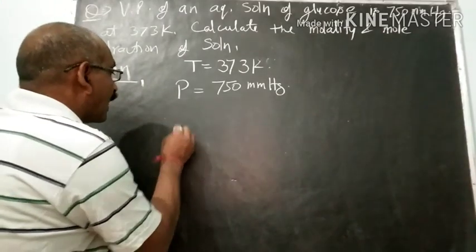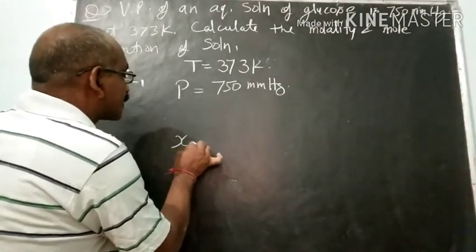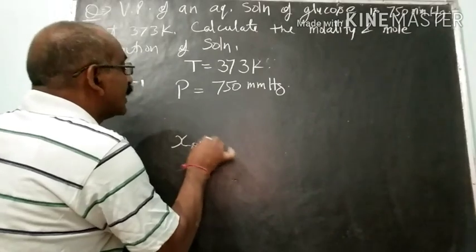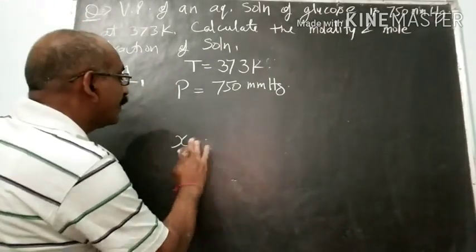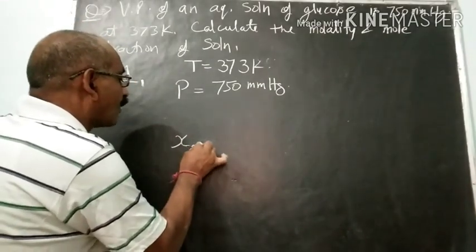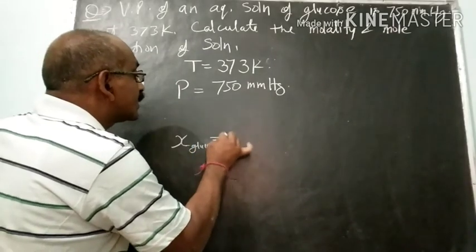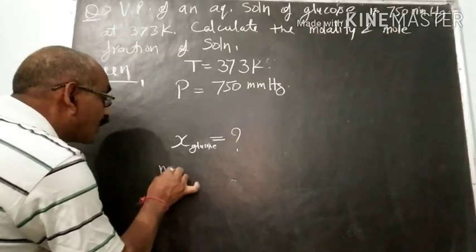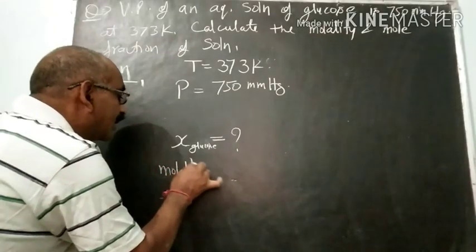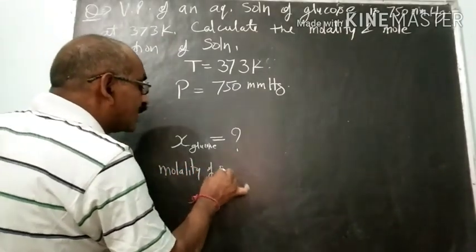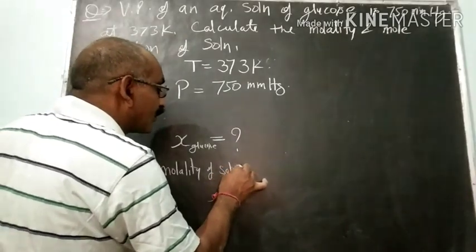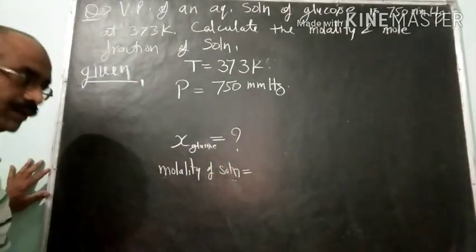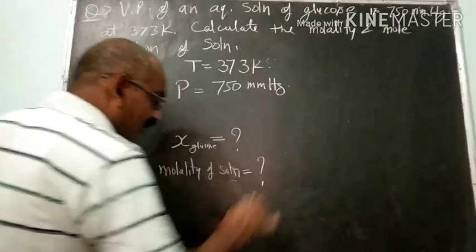Now calculate the molality and mole fraction. Mole fraction of solute, here it is glucose, is to be calculated, as well as the molality of the solution.